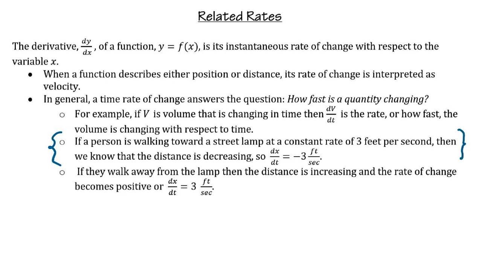If a person is walking toward a street lamp at a constant rate of 3 feet per second, then we know that the distance is decreasing. And notice how it is noted. And then the second part, if they walk away from the lamp, then the distance is increasing and the rate of change becomes positive. So do keep that in mind because that does tend to be troublesome for people.